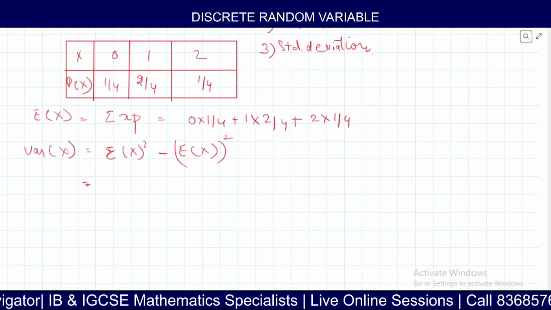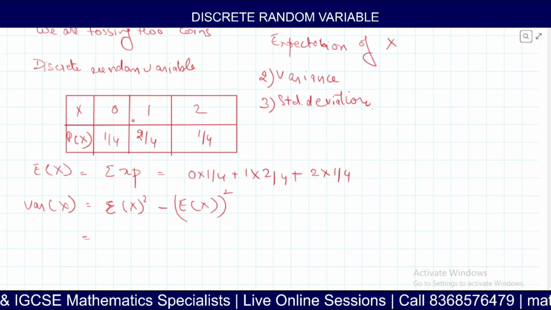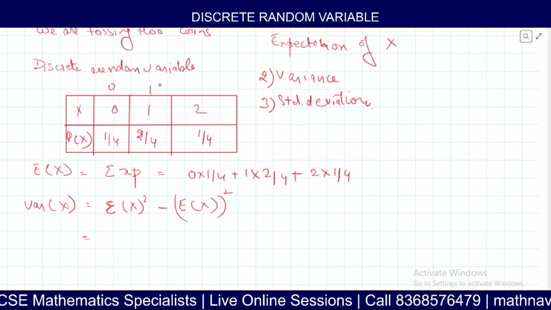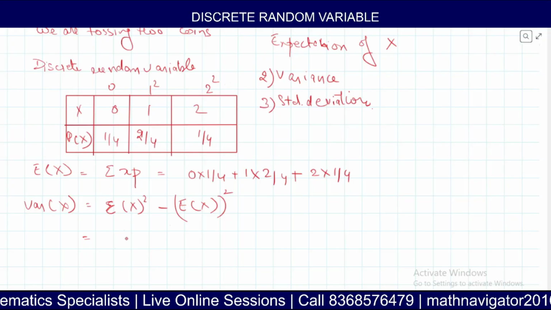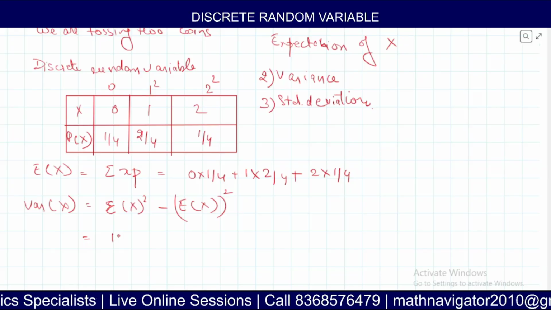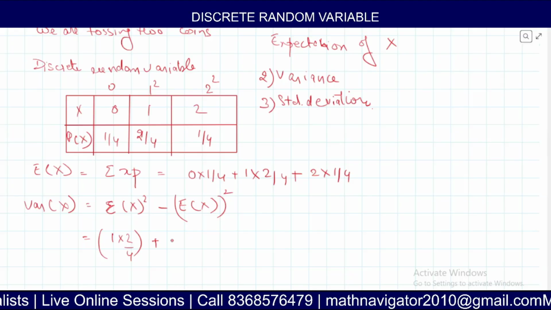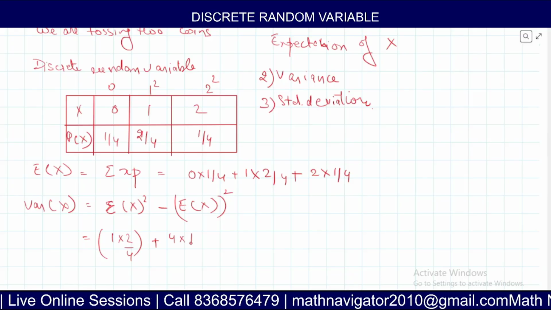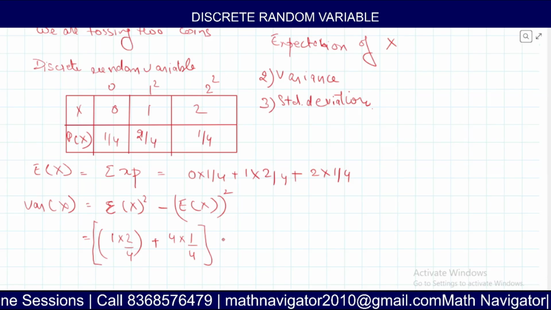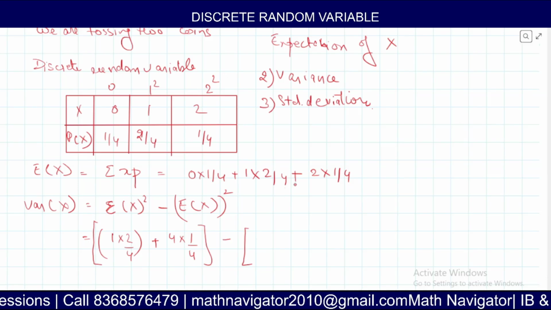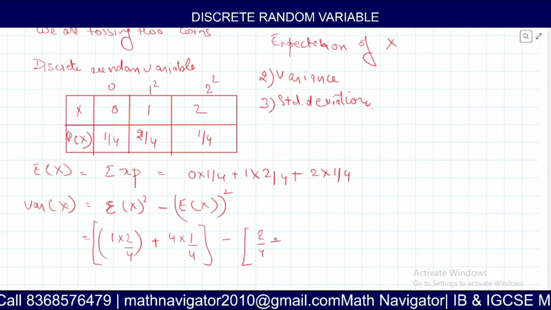That means you have to square x. 0 will stay 0, 1 squared, 2 squared. So this will become 1 times 2 by 4 plus 4 times 1 by 4, minus 2 by 4 plus 2 by 4.